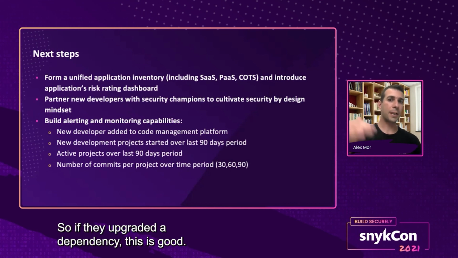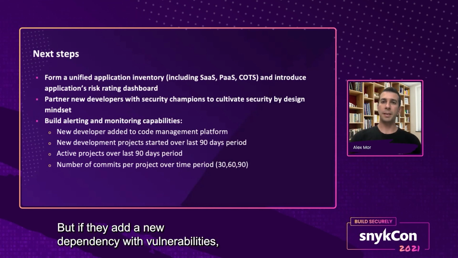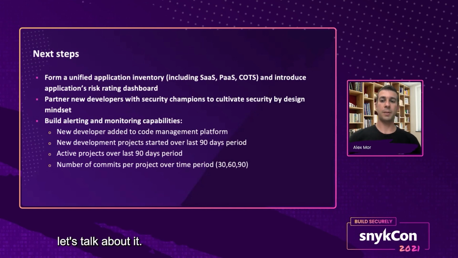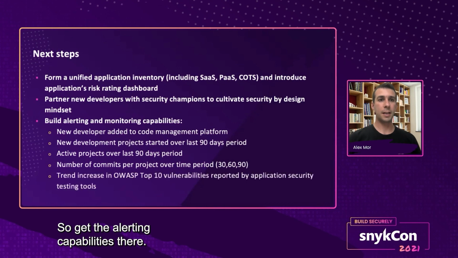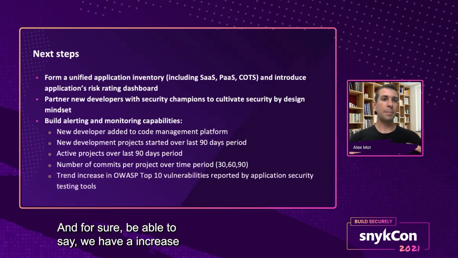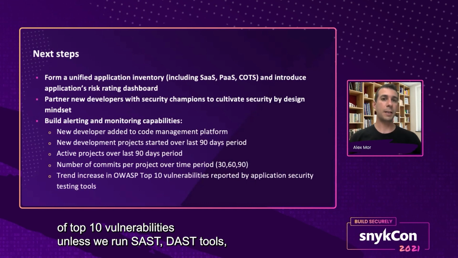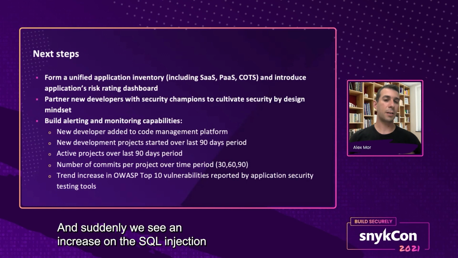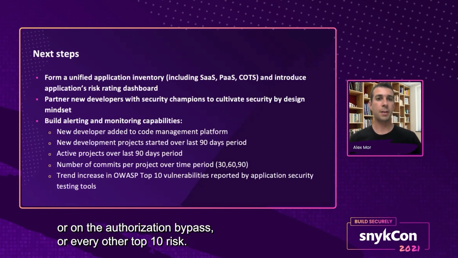So if they upgrade a dependency, this is good. But if they add a new dependency with vulnerabilities, let's talk about it. So get the alerting capabilities there. And for sure, be able to say we have an increase of top 10 vulnerabilities. Let's say we run DAST tools or even penetration tests, and suddenly we see an increase in SQL injection or authorization bypass or any other top 10 risk.